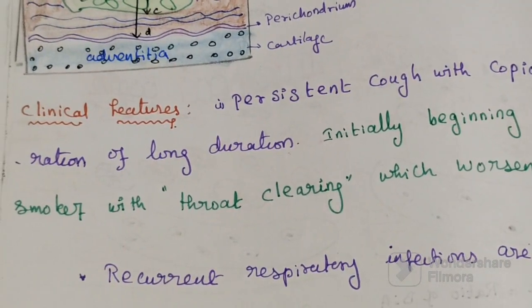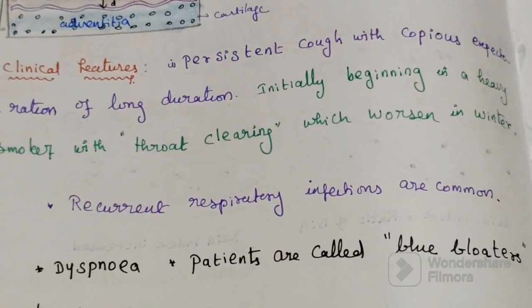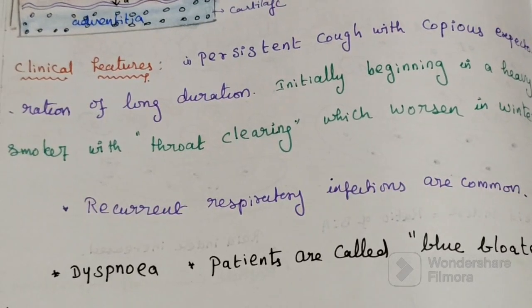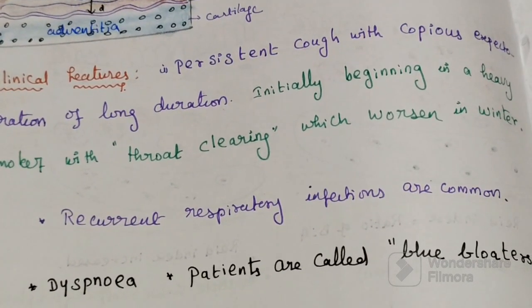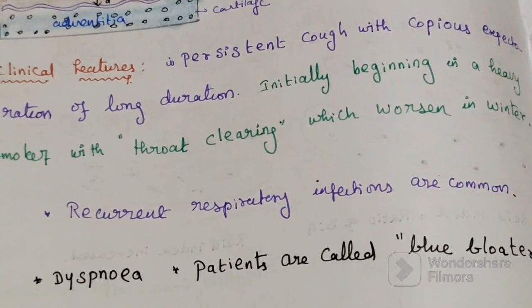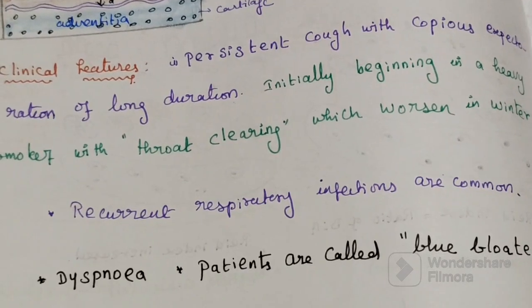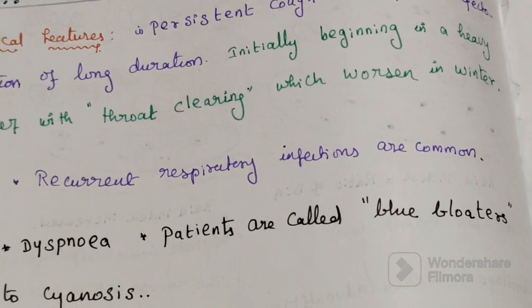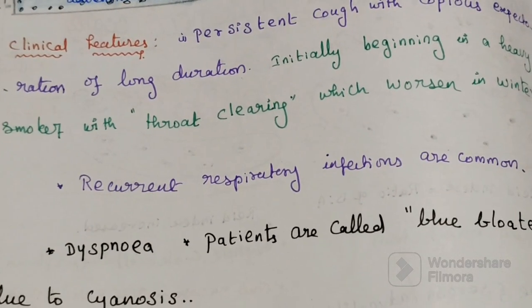The patient has abundant sputum. At the same time there may be throat clearing like this. Every time the patient does so because he has abundant secretion in the lumen and is clearing the throat. So cough is the main symptom.